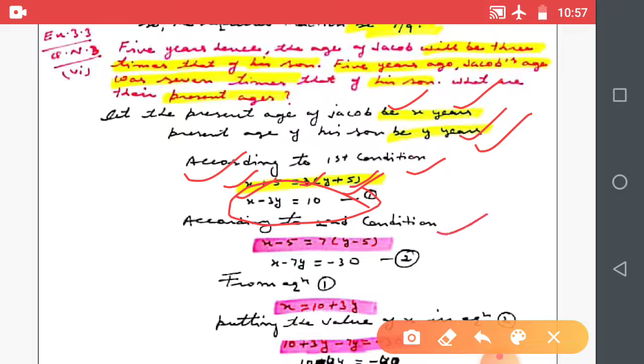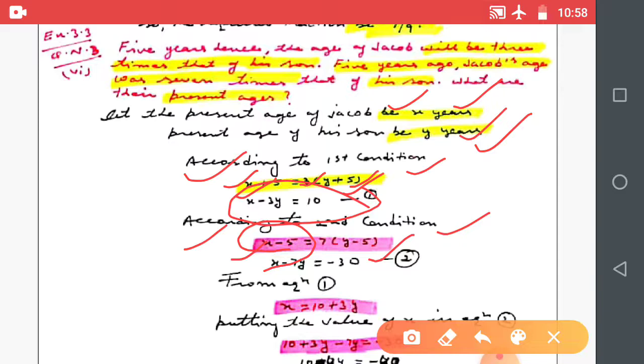Now look at the second condition. In the second condition, 5 years ago. So before 5 years, Jacob's age x minus 5. Before 5 years, his son's age y minus 5. But what is the relation? Jacob's age, that is x minus 5, is 7 times his son's age.